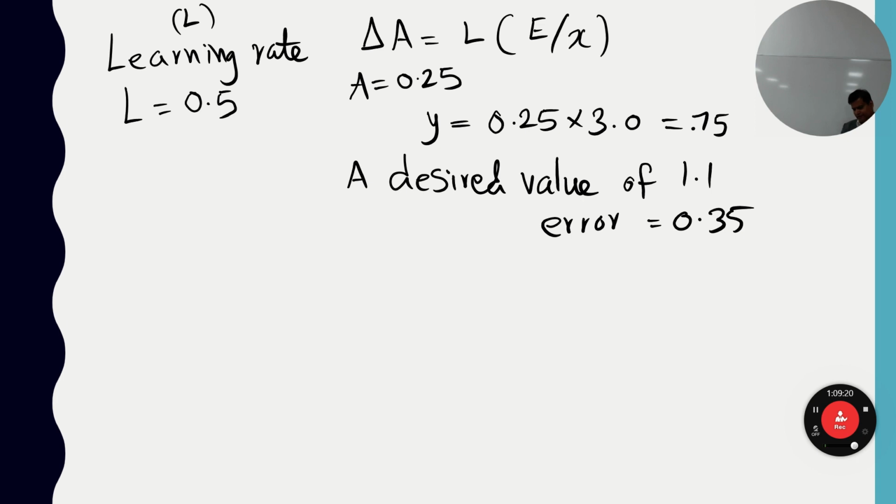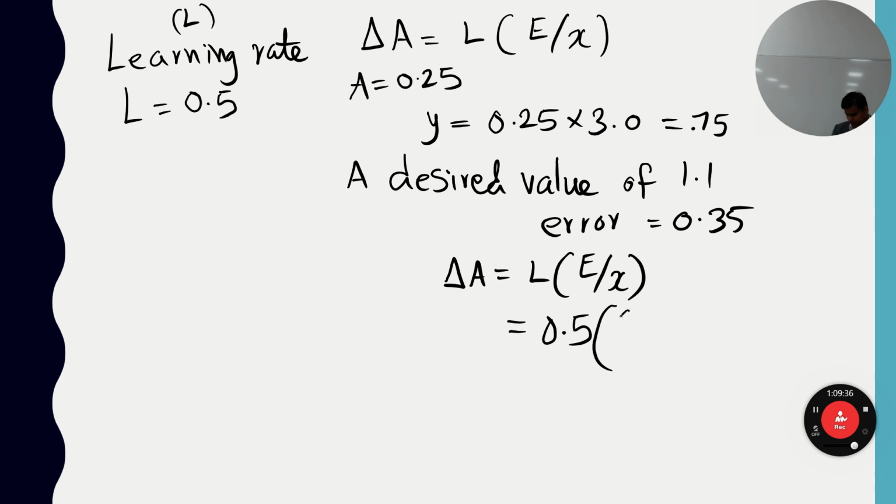So let's take this into account and look at delta A equals L times E by X, which is 0.5 times the error 0.35 divided by 3.0, which gives us 0.0583. Okay, so now we got this value.